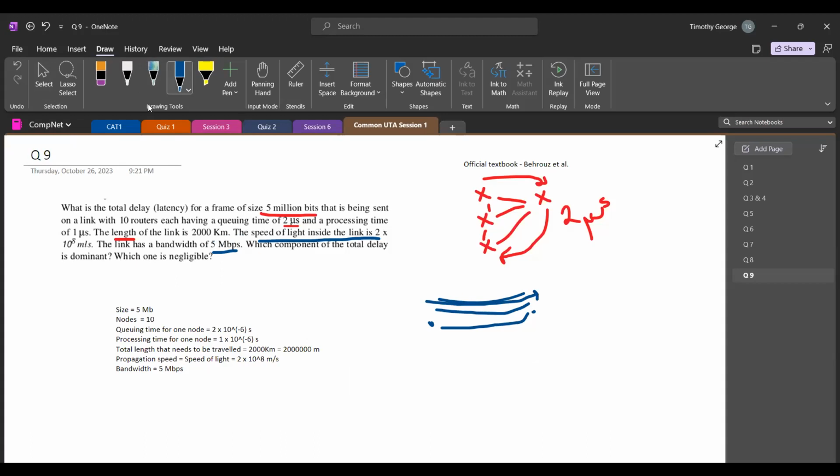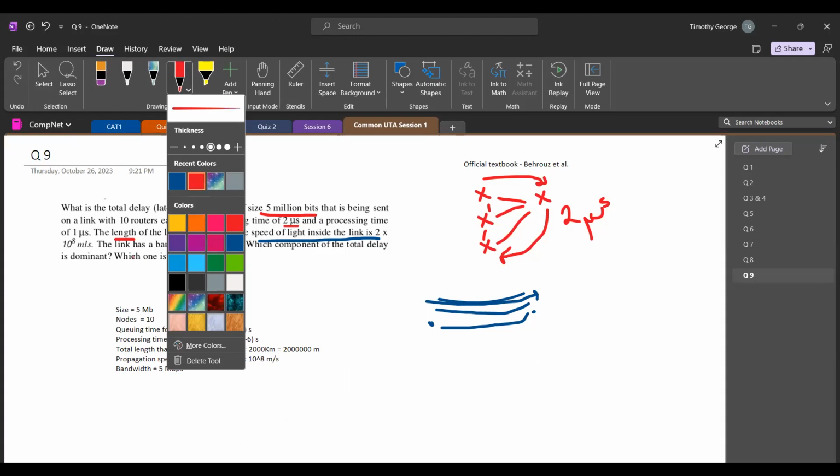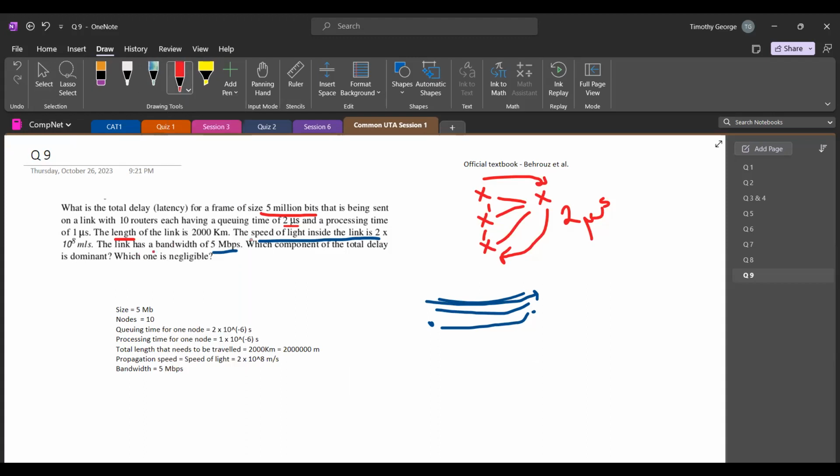Now you might think, if bandwidth is given, then why is the speed of light also given? The speed of light is given, but it doesn't say that the network operates at the speed of light. The propagation speed it can reach is this much. But the bandwidth takes into consideration the capacity.